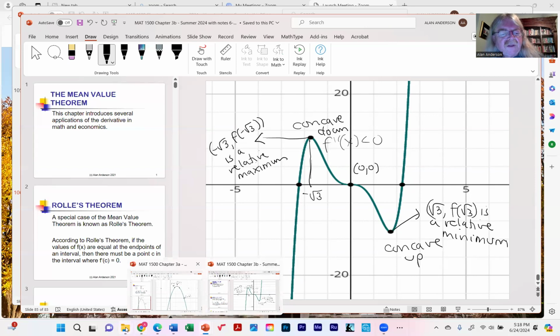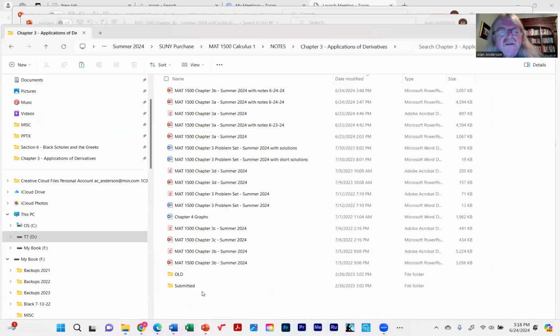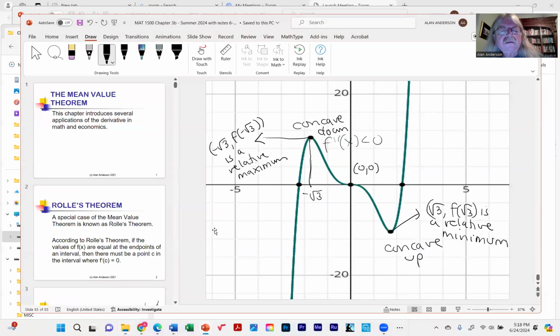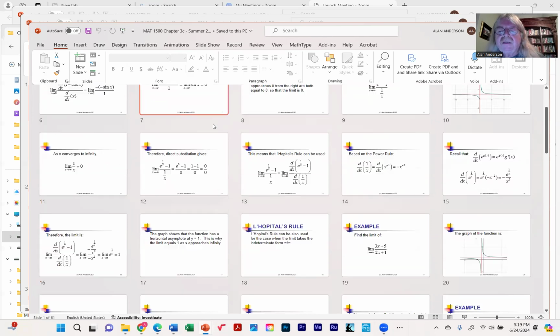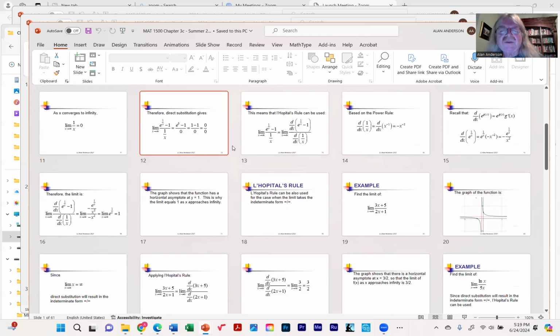And what this is followed up by is 3C, which is L'Hopital's rule. L'Hopital's rule is a way of finding limits when direct substitution leads to a very bizarre result, like 0 divided by 0 or something like that, or infinity over infinity.